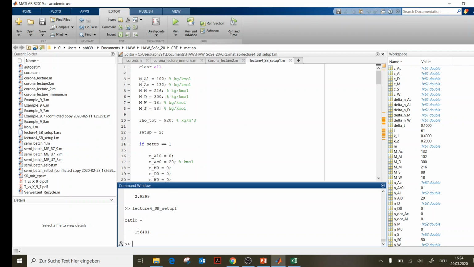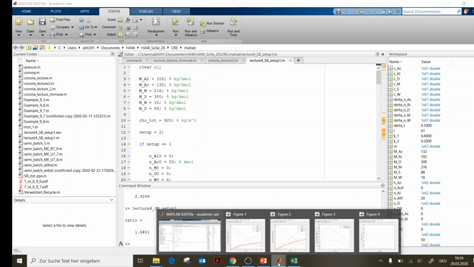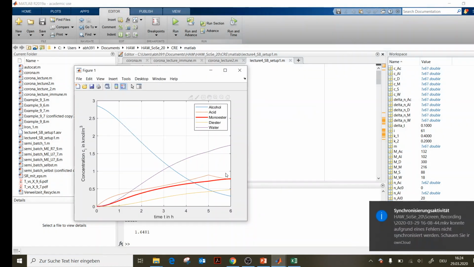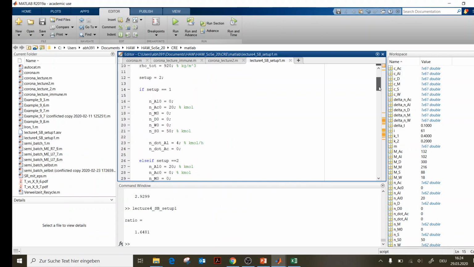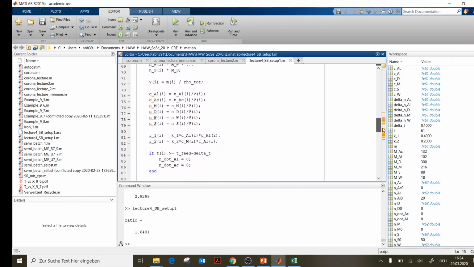So if you are interested in a high amount of monoester and a low concentration of the diester, then you can see that it's not working quite well. But I will do a different video about the results.